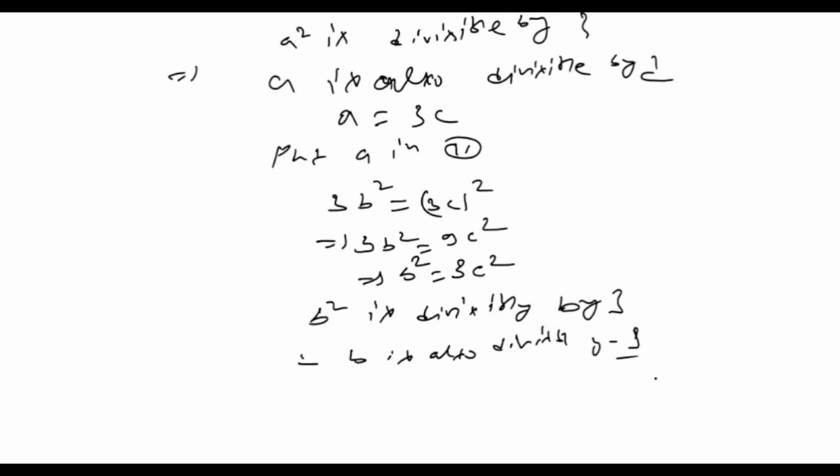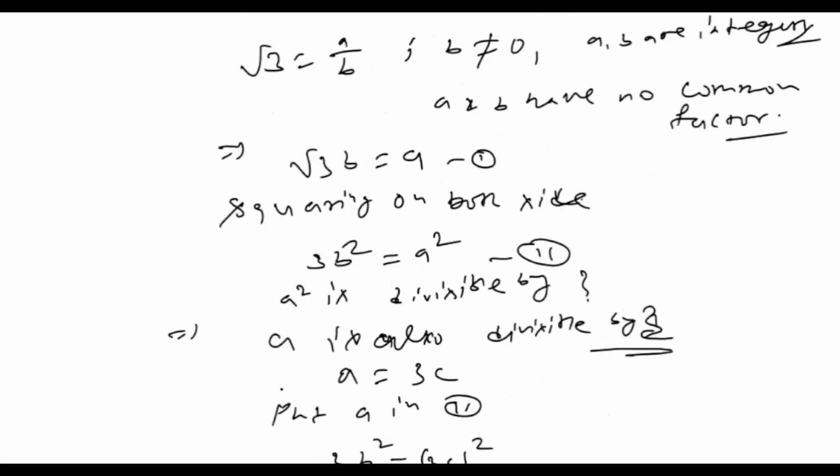It means 3 is a factor of b, and 3 is a factor of a. So this is a contradiction, because we assumed there is no common factor, but here 3 is at least one common factor of a and b.